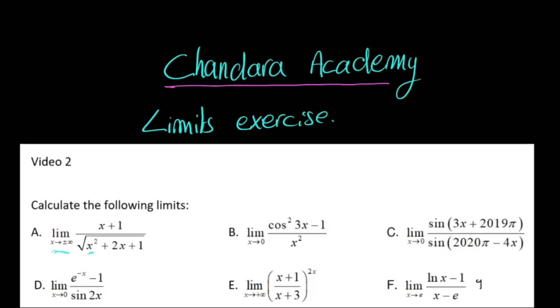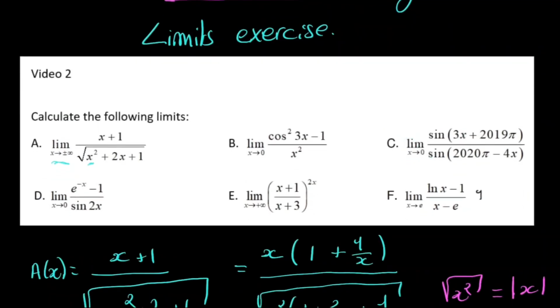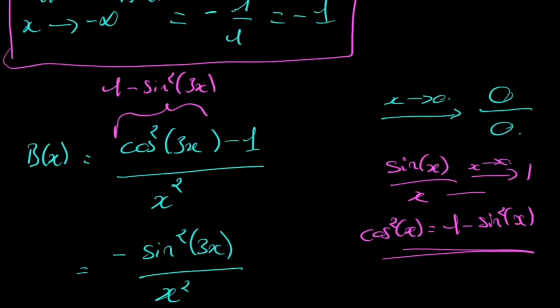Now, third limit. C, we've got limit when x tends to 0 of sine of 3x plus 2019 pi over sine of 2020 pi minus 4x.